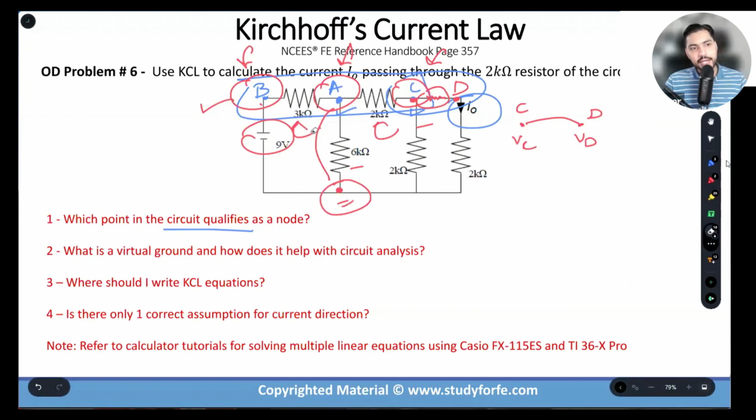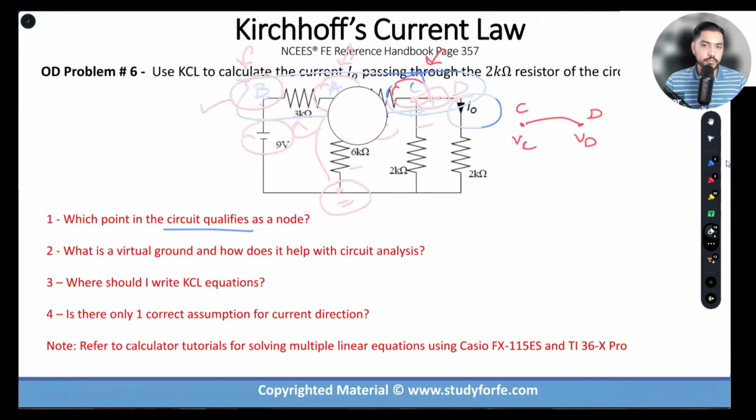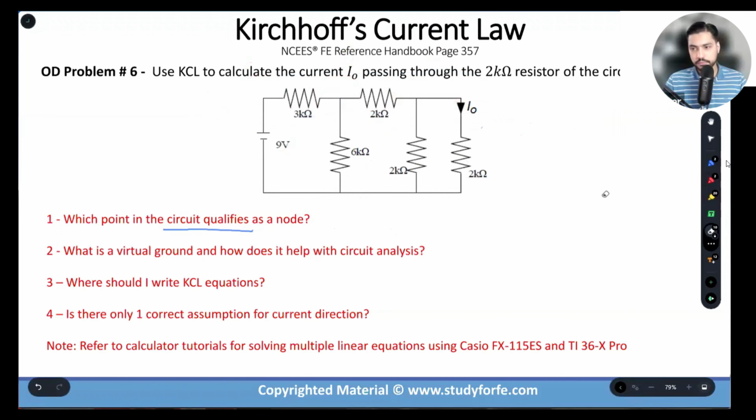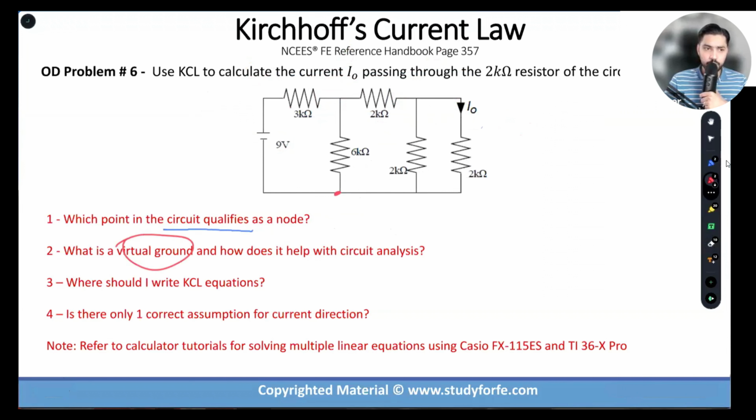Now, a very handy concept when it comes to circuit analysis, and let me know if I'm speeding too fast or too slow. I can adjust my pace. A very handy concept in circuit analysis is the concept of virtual ground. Virtual ground is just a fancy way of saying that I have a common point in the entire circuit with respect to which I am going to analyze the circuit.